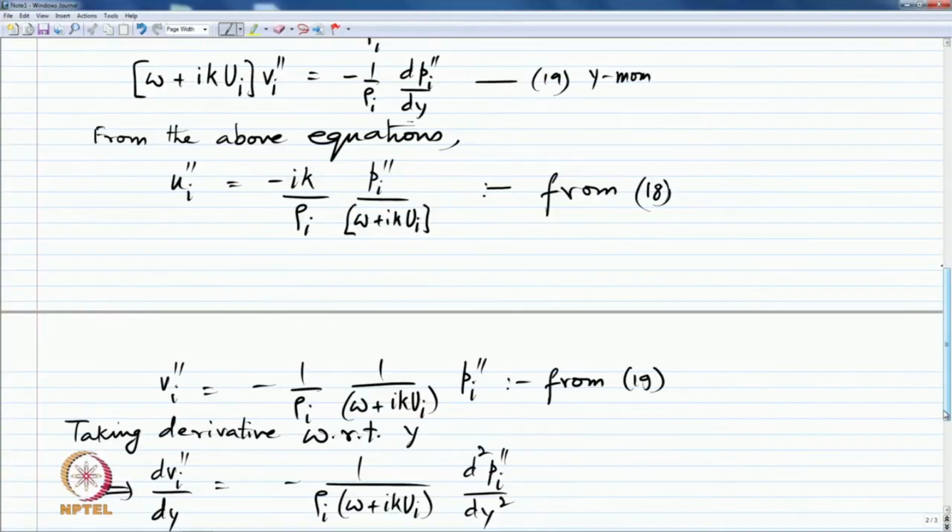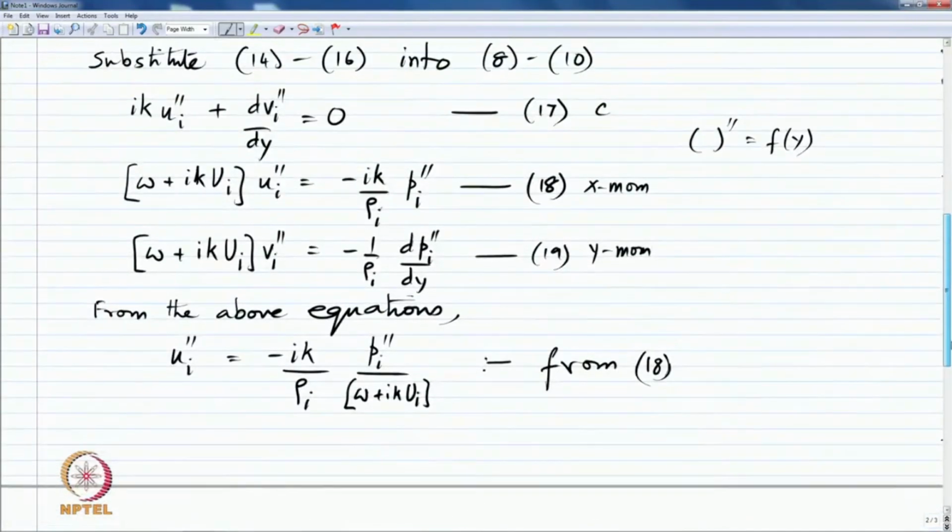Now, I can use these two equations and substitute into 17.